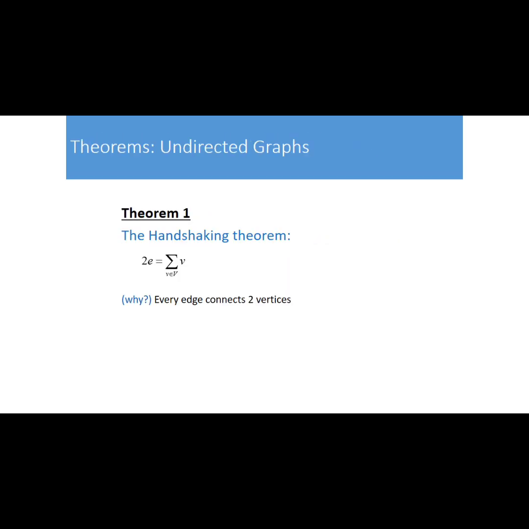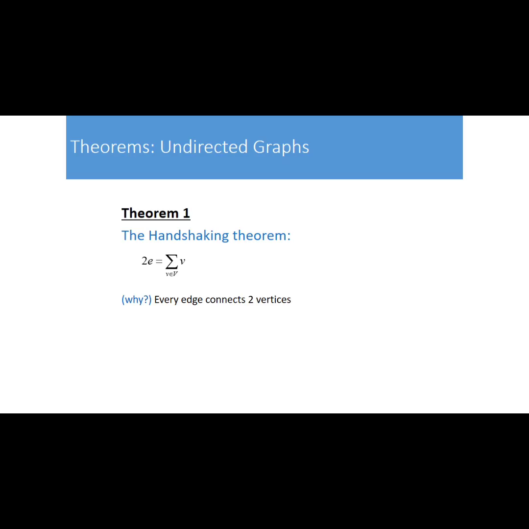Let us see some important theorems. The first is the handshaking theorem in an undirected graph. You know how to calculate the degree of vertices. Suppose in a graph, the summation of the degrees of all the vertices is equal to 2 times the number of edges in that graph. Why 2 times?